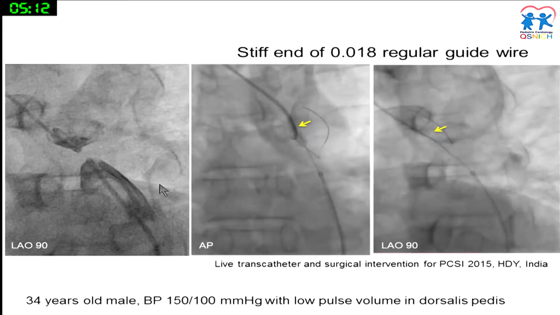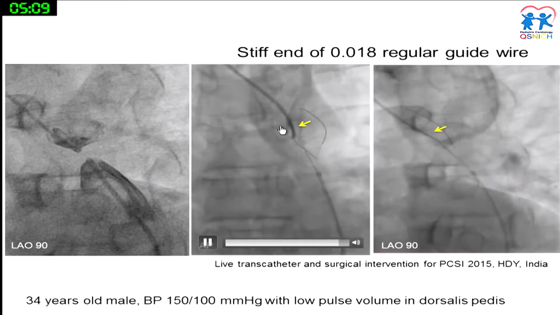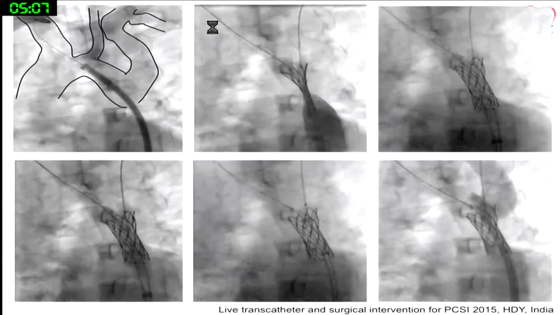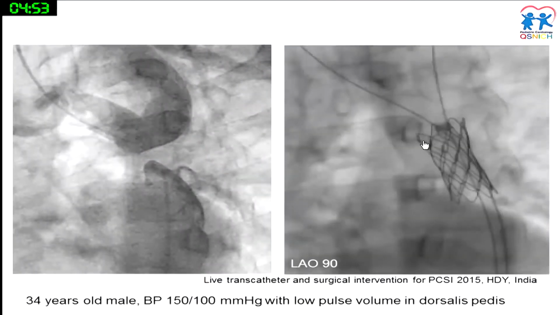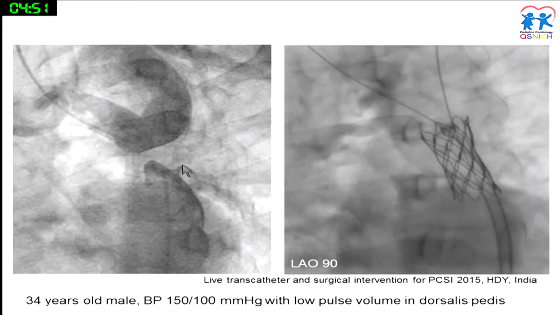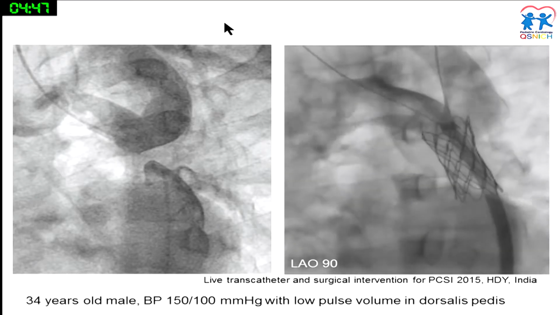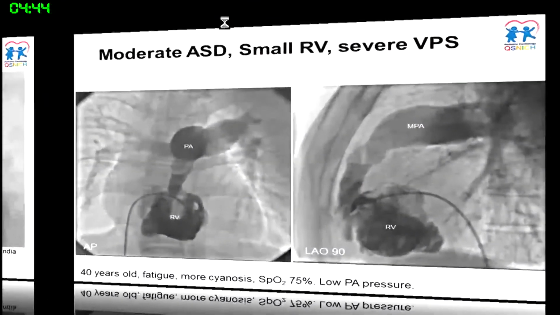So eventually, we managed to put the wire from below to above, and then we rail it, and we put the stent mounted on two balloons, one in the ascending aorta and one in the subclavian in order to avoid jailing of the subclavian artery here, and then eventually you can get a good result, a good flow from above to below without jailing of the left subclavian artery.